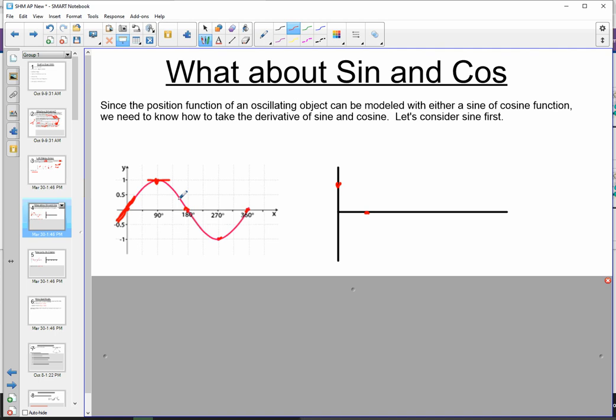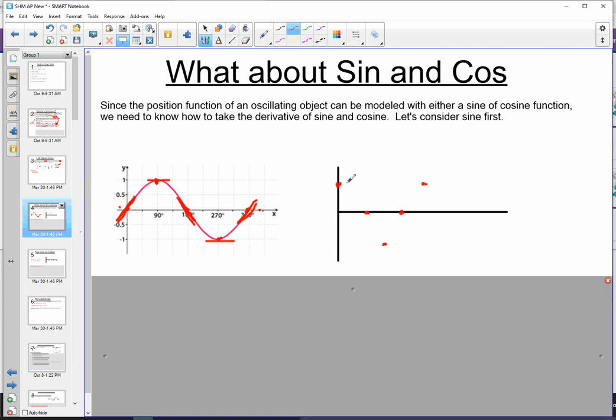And then if we draw a tangent line over here at 180 degrees, that looks to be a slope of about -1. Then, if we draw a tangent line over here, that's clearly 0. So we'd be back over here at 0. And then when we draw a tangent line at 360 degrees, notice we're back to having a slope like we did at the beginning. We have a slope of roughly 1. So we're going to want to plot another point at 1.